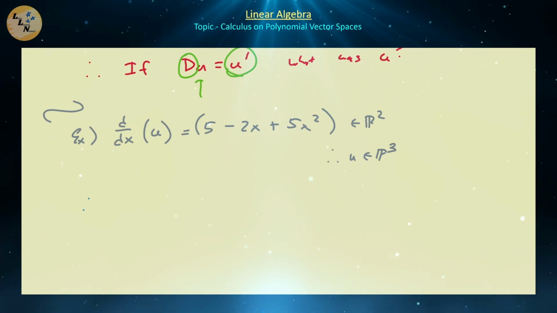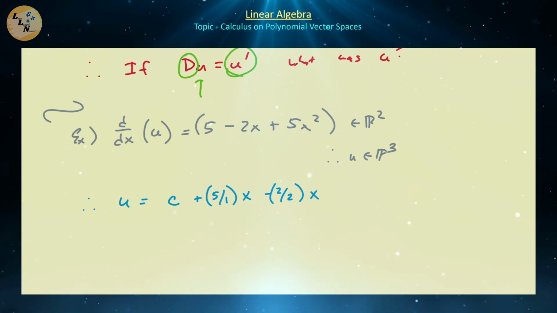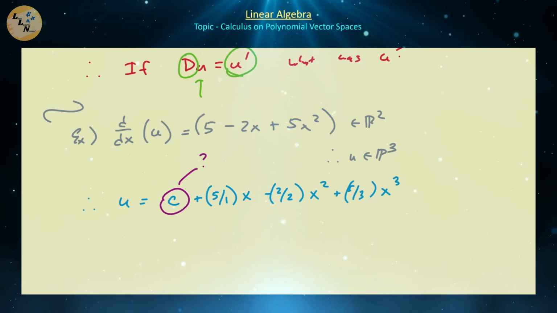So that means that u must be equal to c plus, instead of scalar multiplying, we need to do scalar division. That's going to be equal to 5 divided by 1 times x, and then minus 2 divided by 2 times x squared, and then plus 5 divided by 3 times x cubed, right? Where c is a constant that pretty much went into oblivion.